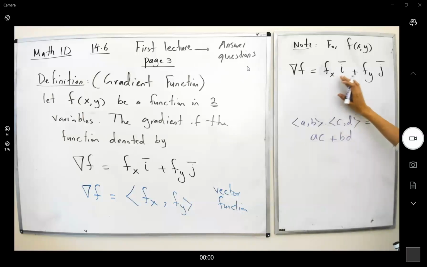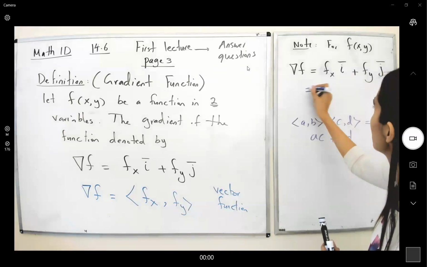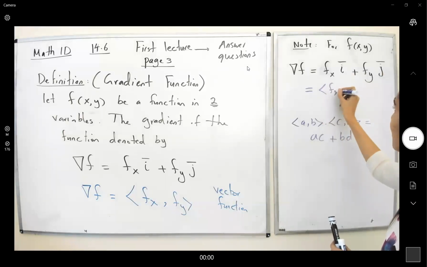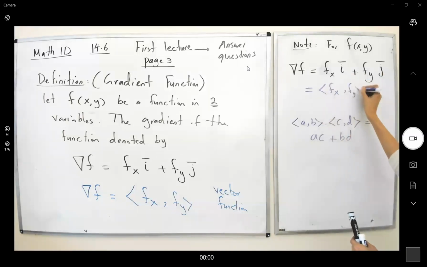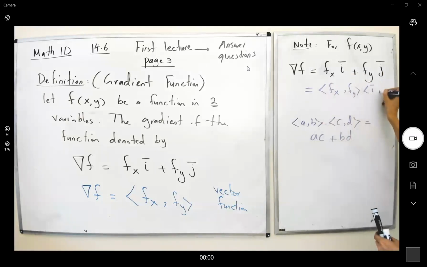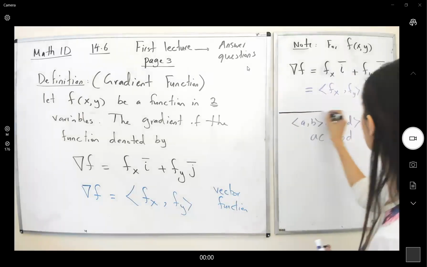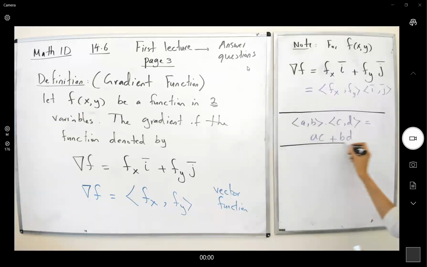So here you have A, B, C, and D. So you can rewrite this as the dot product between two vectors, i and j. There you go. So this is how we define this.